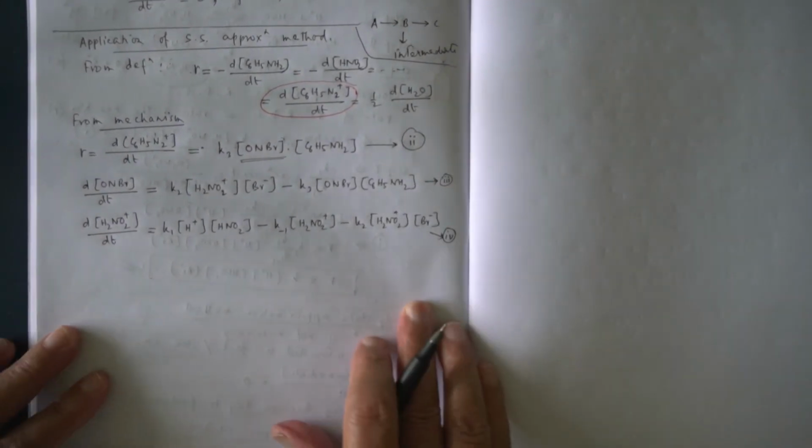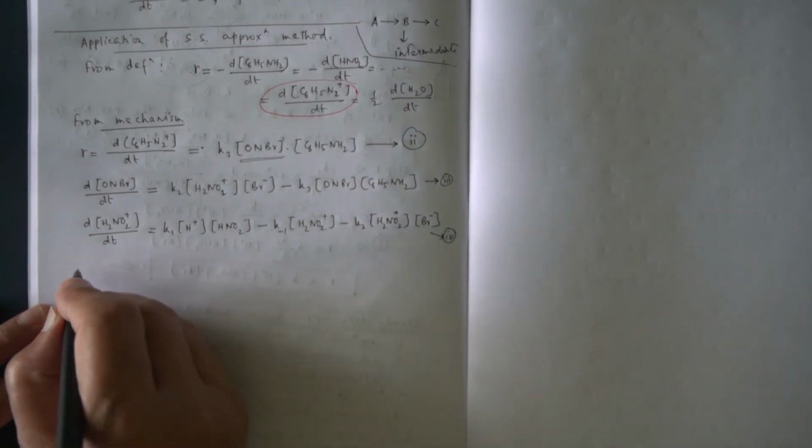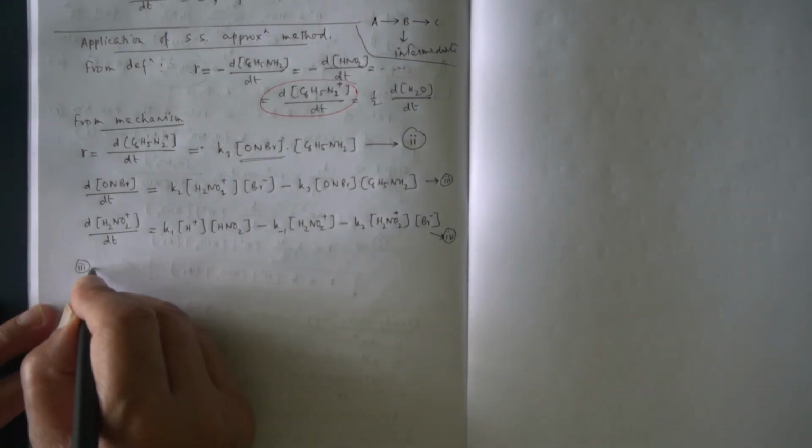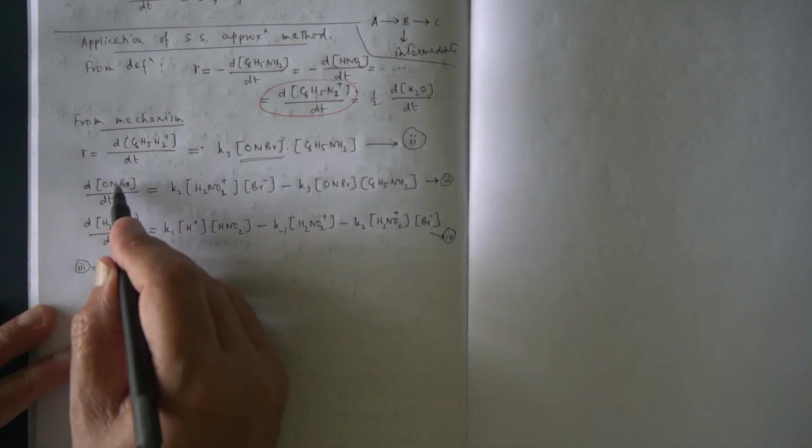Now from 3, what we get? d[intermediate]/dt equal to 0.